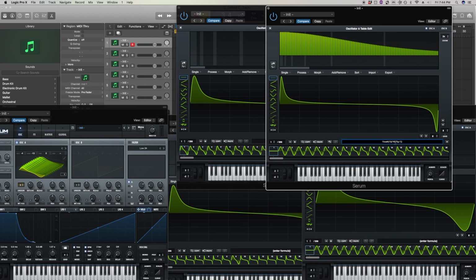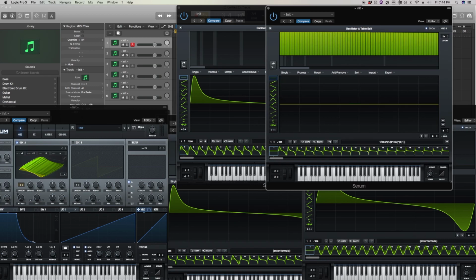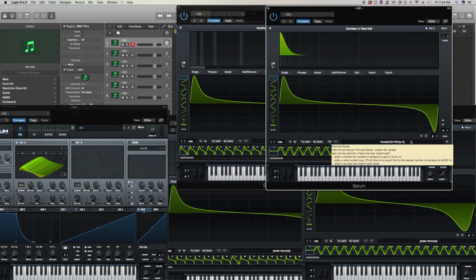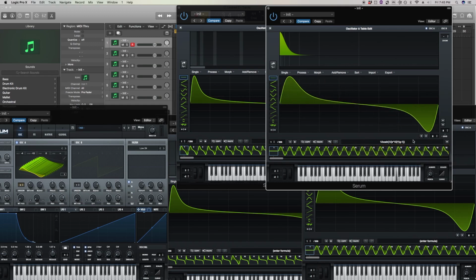If I wanted to, I could even do 1/400. It's going to get so buzzy. It's almost like these frequencies go all the way to 1 at some point. So you play around with it, 15. That's kind of cool.